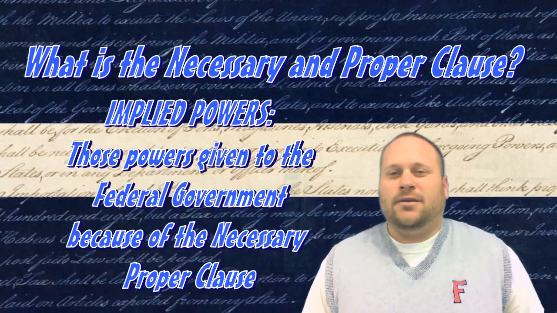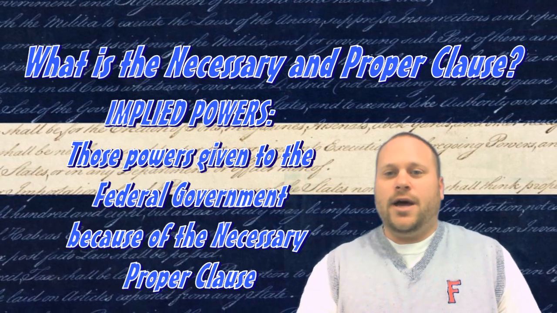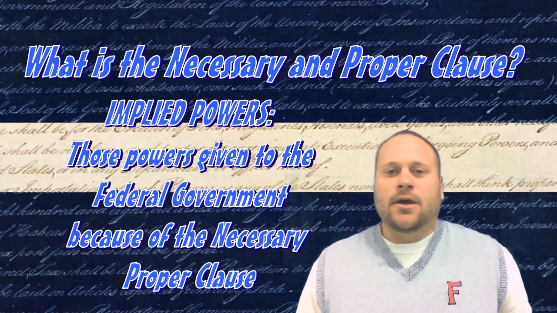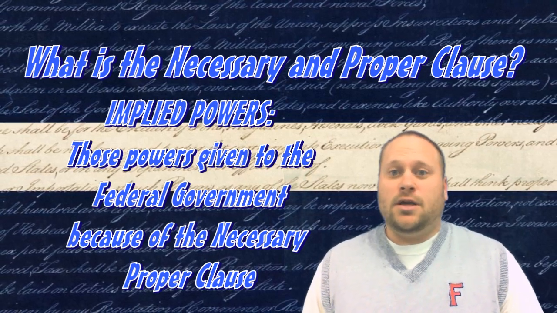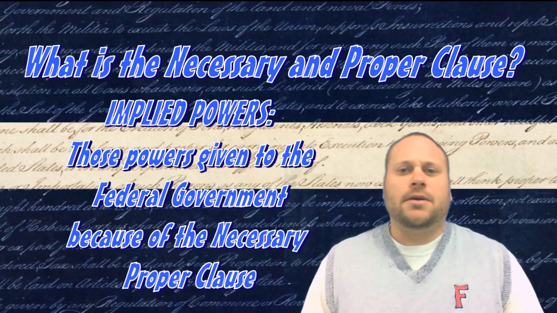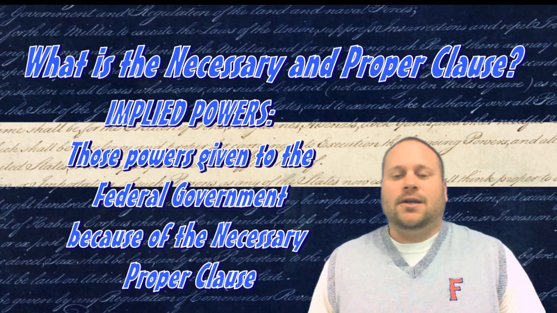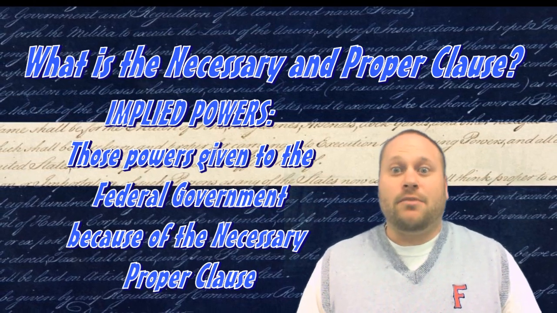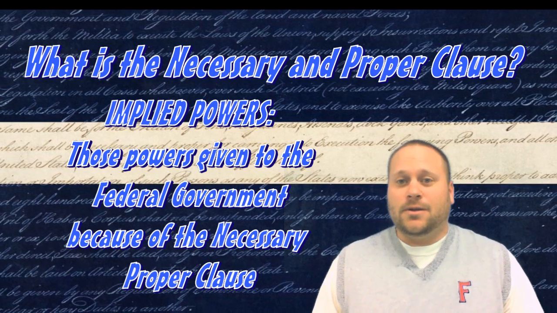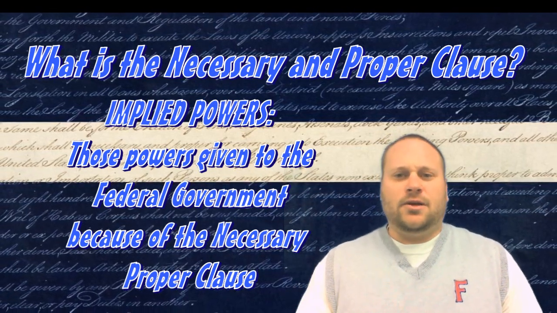Can Congress just coin money out of thin air? Probably not. So the clause allows them to create a place, like a mint, to coin money, and to hire people to make that money. That's an implied power.